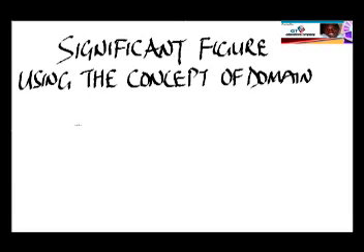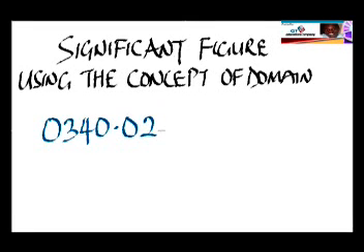Significant figure using the concept of domain. What is a domain? A domain exists between numbers that are closed by integers. Now let's say for example we have a number like 0.02400.